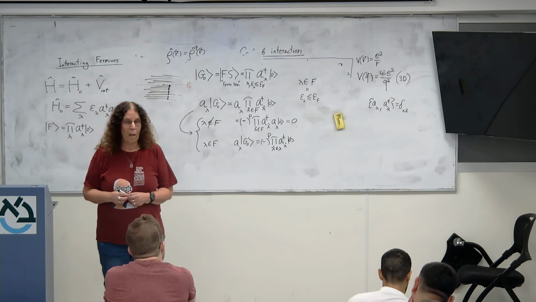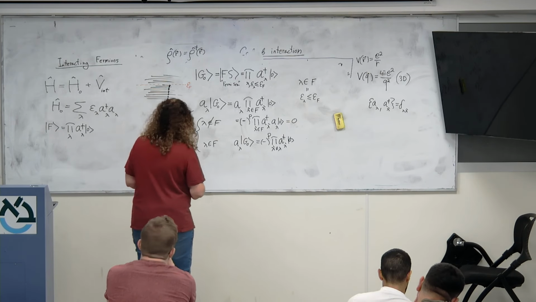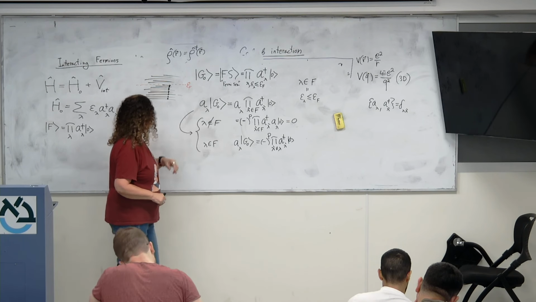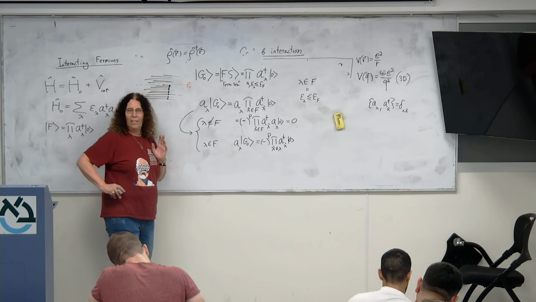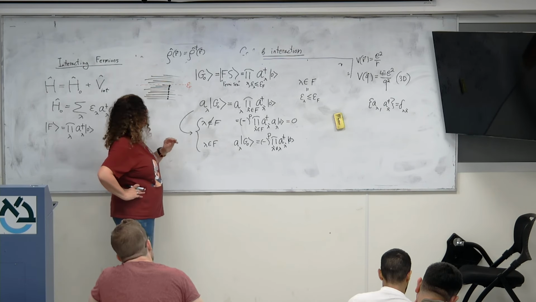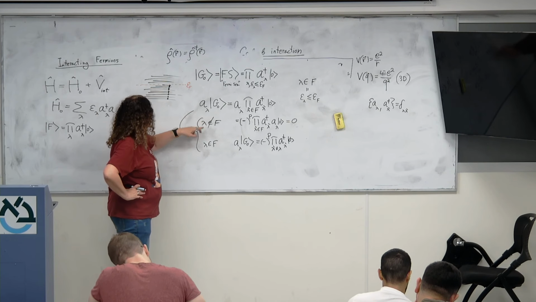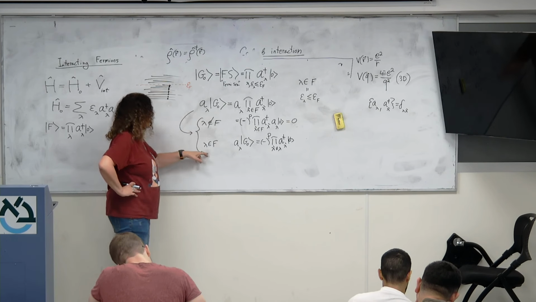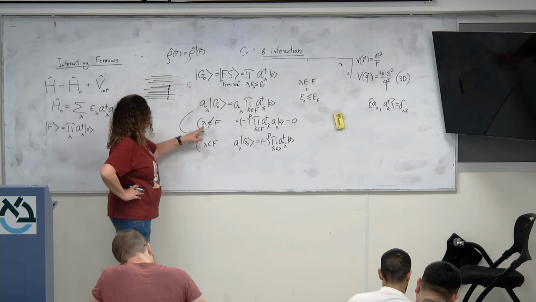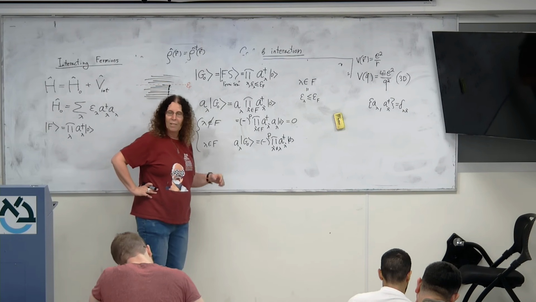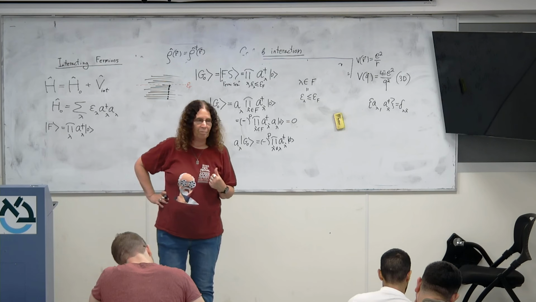Okay, so you see that with respect to G naught, if we want to declare it as a new vacuum, depending on whether lambda belongs or does not belong to F, A lambda is or isn't an annihilation operator.